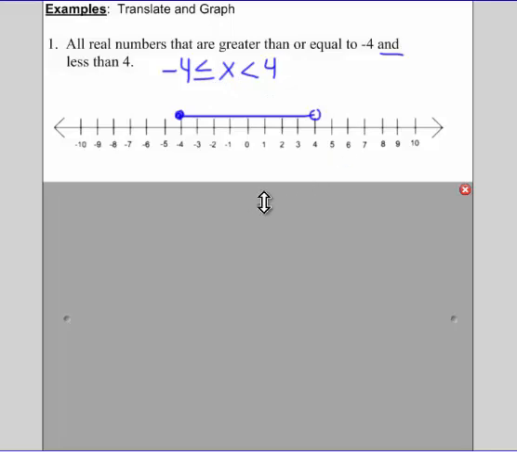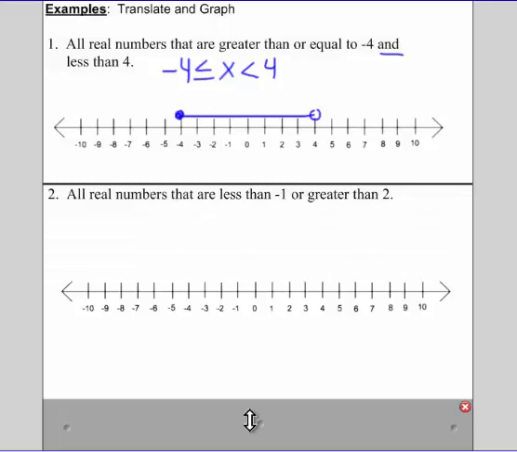The next example is an example of an OR expression. For this one, you write as two separate inequalities with an OR in the middle. Remember the phrase, all real numbers, represents the x variable. So we have x is less than negative 1, or x is greater than 2.